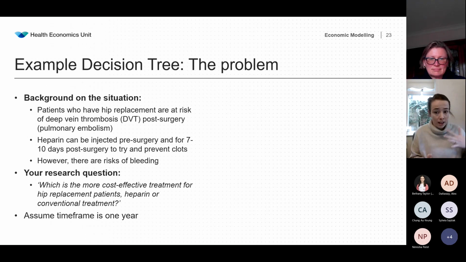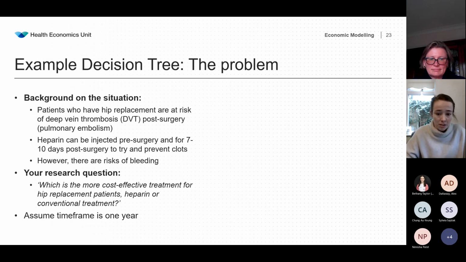There are two treatments, heparin or the conventional treatment. And your research question is, which is the more cost-effective treatment for hip replacement patients, heparin or conventional treatment? So basically, the decision that we're trying to understand is, after a patient has a hip replacement, should we give them heparin or the conventional treatment?